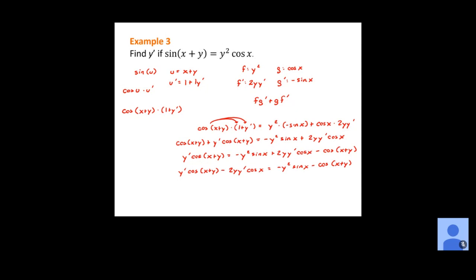All right, now that we've got all the y primes together, now we can do what? Good, factor out the y prime. We have y prime times cosine x plus y minus 2y cosine x. And then we have all this stuff over here that does not change.